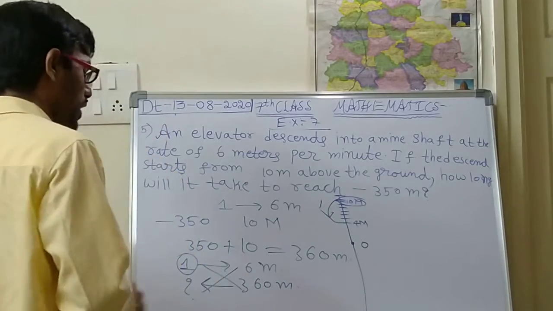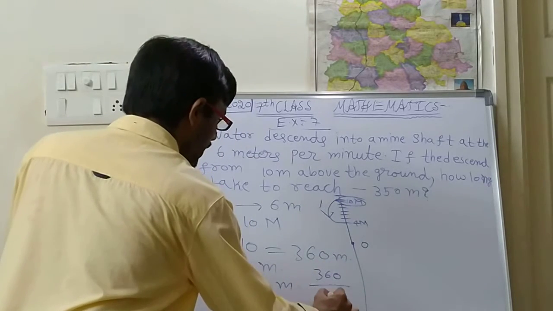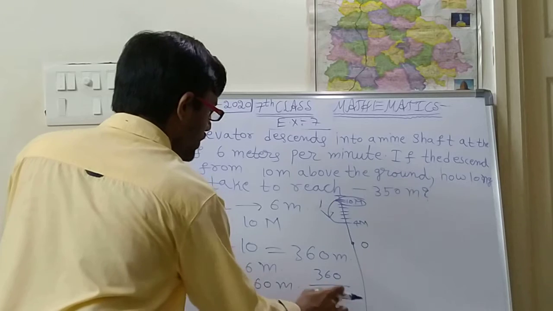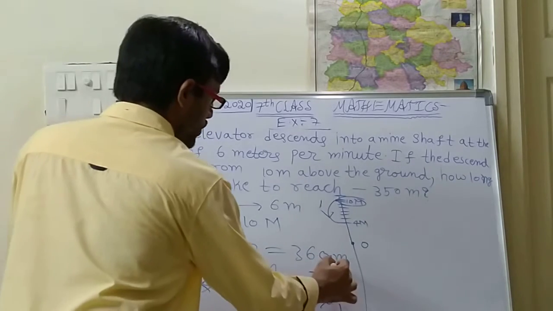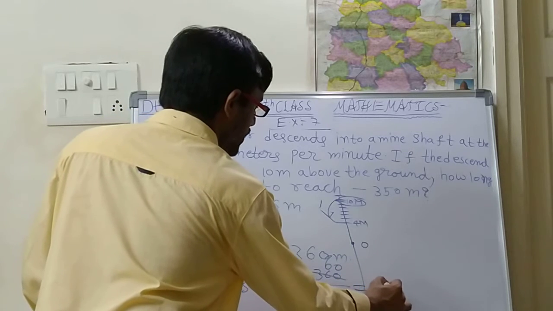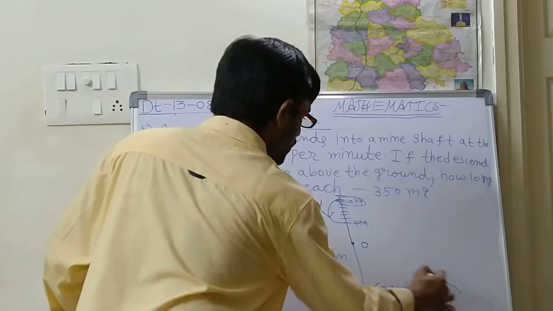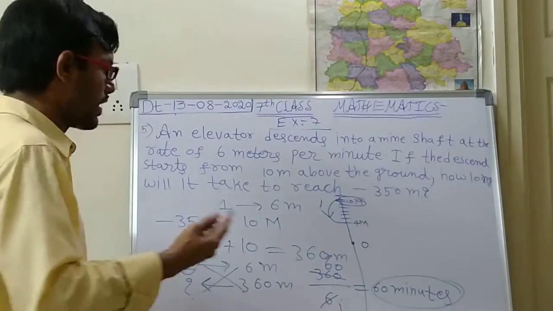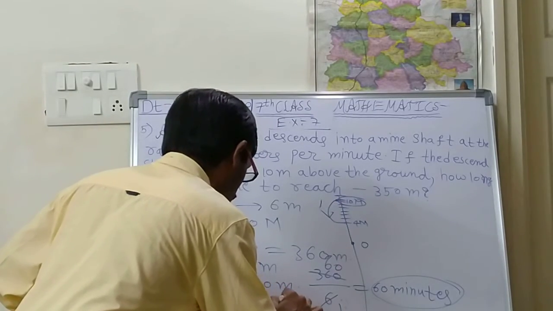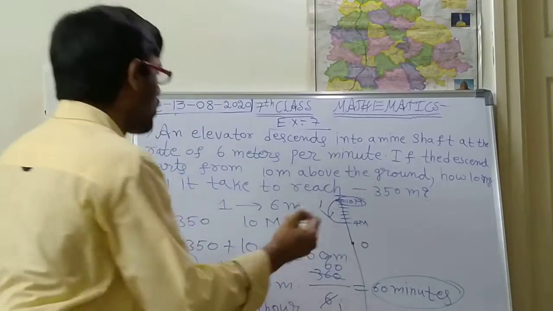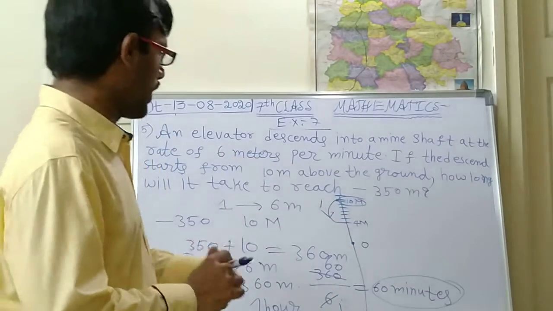Just cross multiply. 360 into 1 by 6 meters. So what is 360 by 6? 6 ones are 6, 6 sixes are 36, 0. So the answer is 60 minutes. 60 minutes means 1 hour. So it will take 1 hour to reach minus 350 meters.